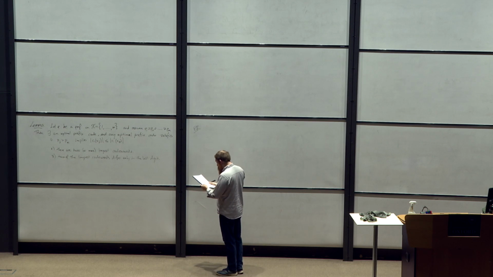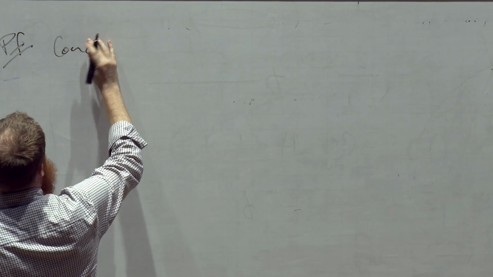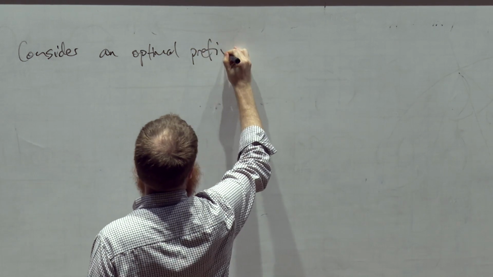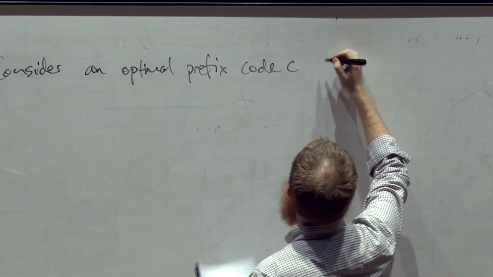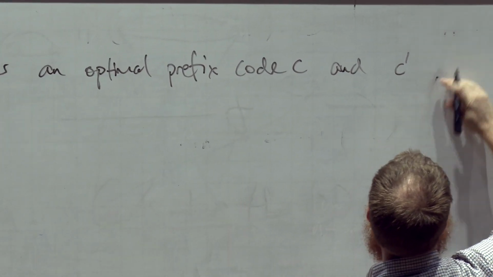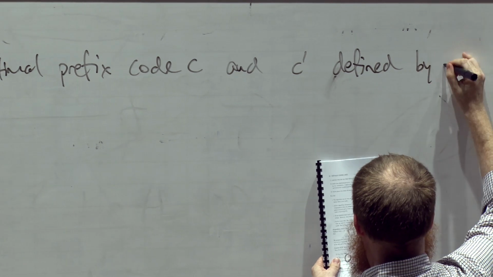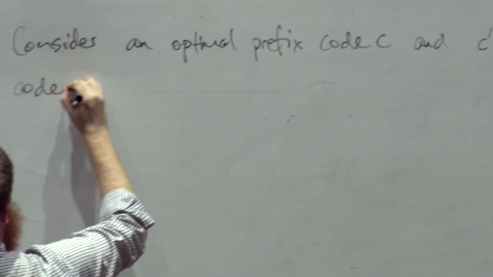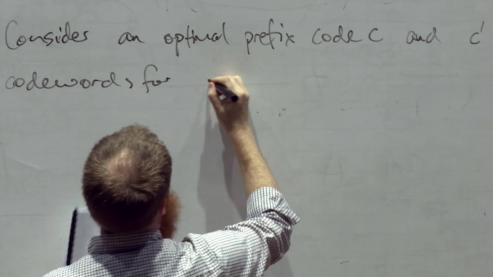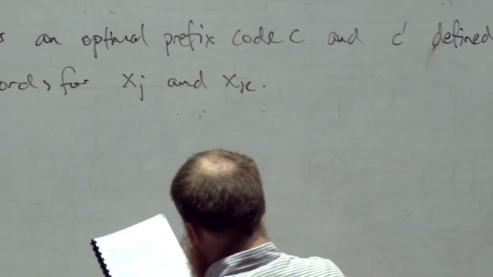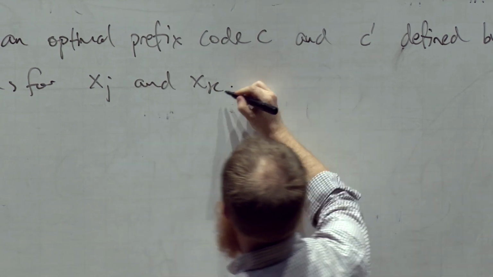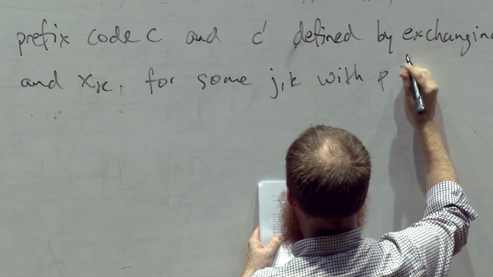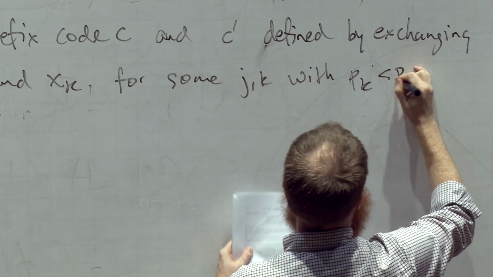Let's consider an optimal prefix code C, and C prime defined by exchanging the code words for xj and xk for some j, k with pk less than pj.